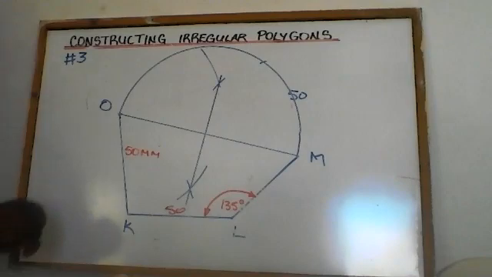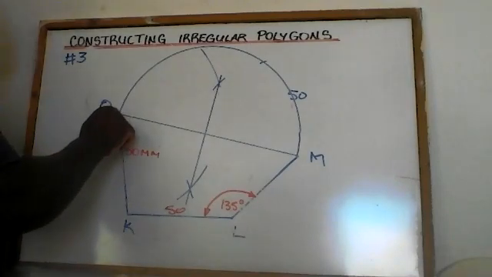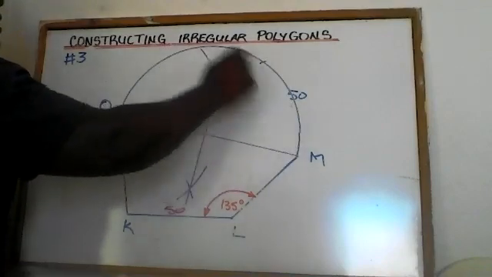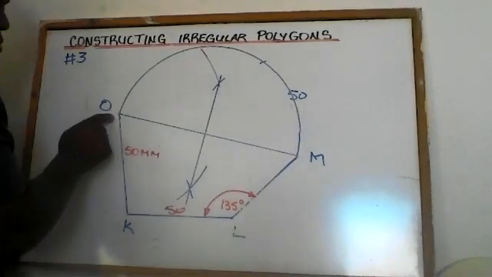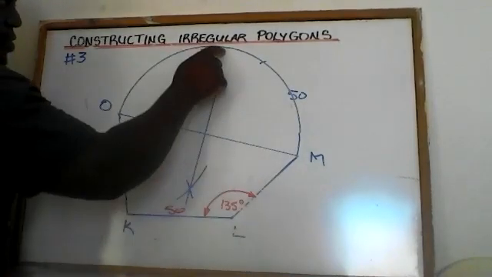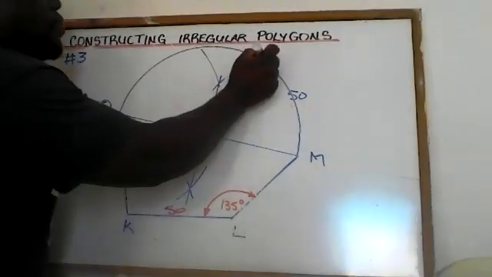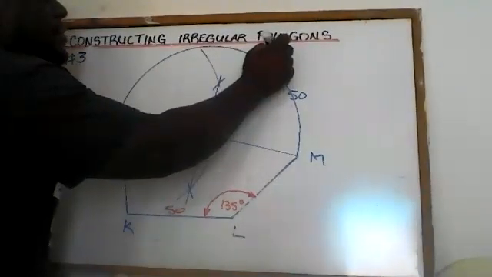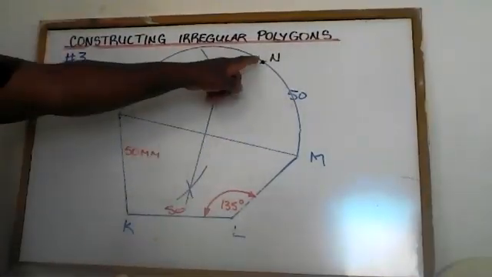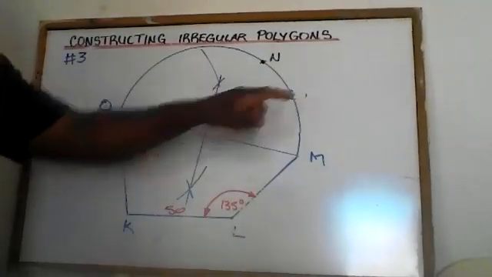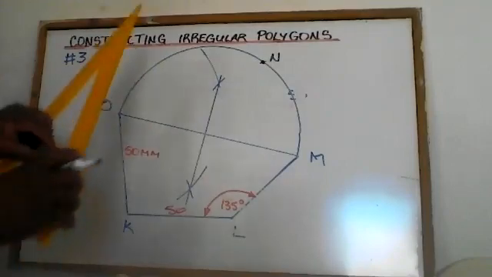What this means is two lines from O and M joining anywhere in this semicircle, coming from the same point, O and M, and touching the circumference of the semicircle will be a 90 degree angle. This is the point we're going to use for N. Why that point? Because we're told that NM is 50 millimeters. All right, so here goes.